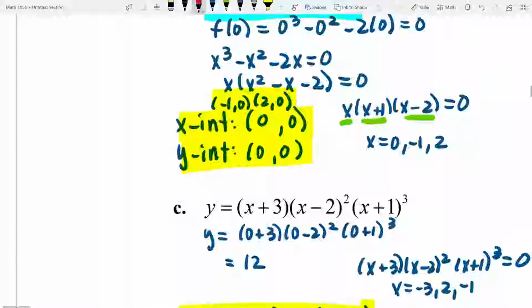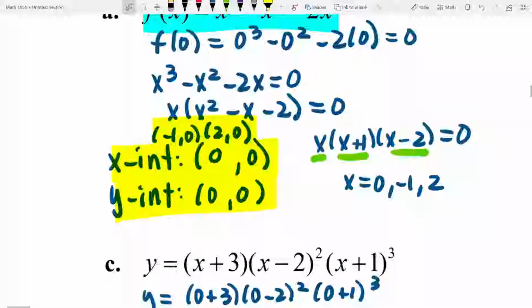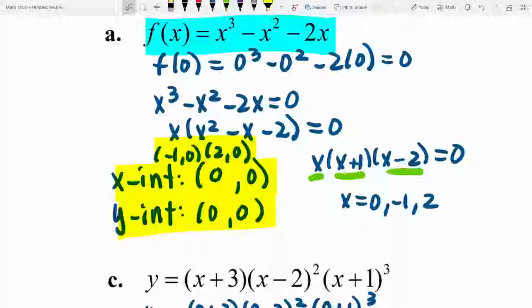Now we're going to go back. Everybody go to part A. Go back to A and look at those intercepts. What I want you to do is put a B or a C for each of them. Okay, so everybody watch. Here's where the exponents matter. See this x right here? It gave me a 0. The exponent is a 1.